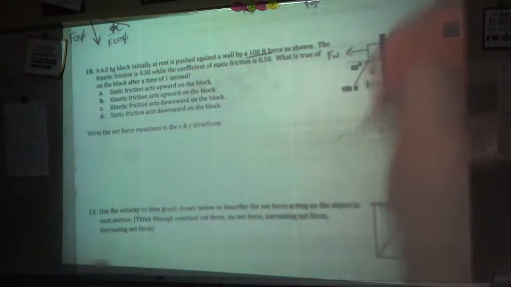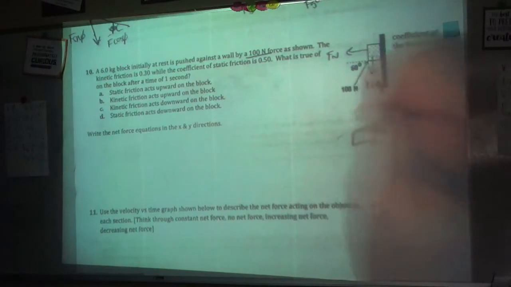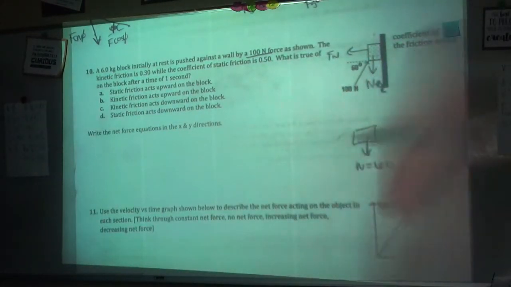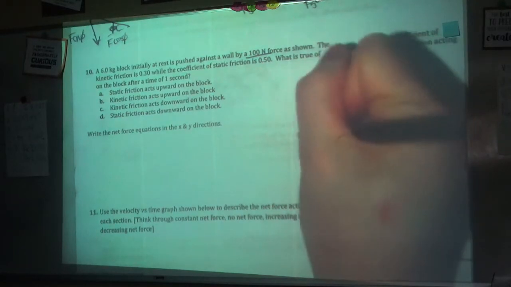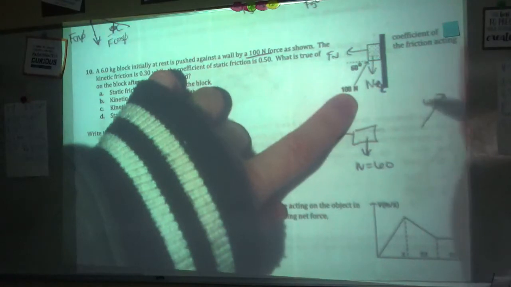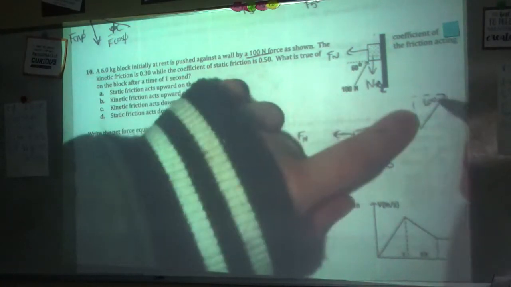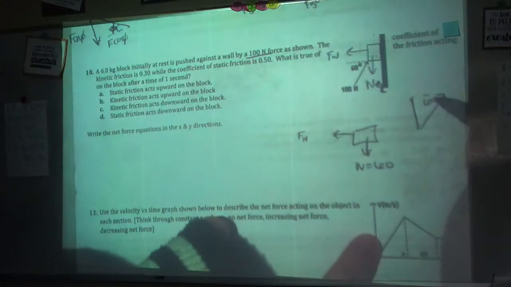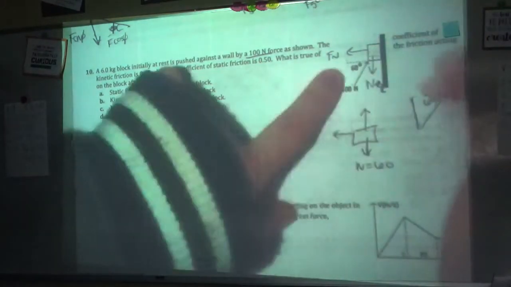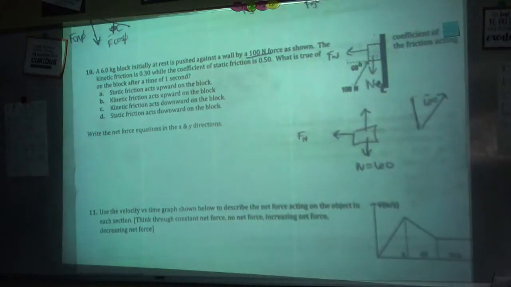I call that weight Fg. The 6 kilogram block has a weight of 60 newtons. I have the normal force, which I'm not sure about right now, but I have this angle right here at 60 degrees. So that makes this side the opposite angle, and that is pushing up, so that would be 100 sine of 60, which gives me 86.6.